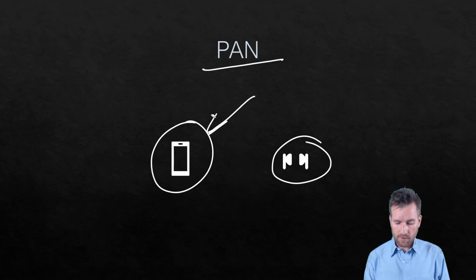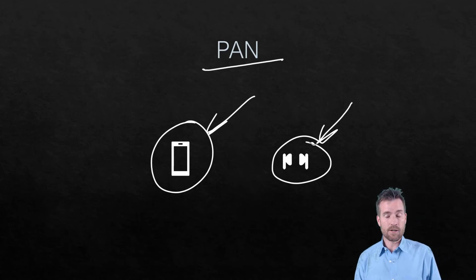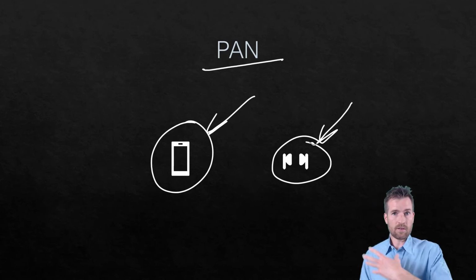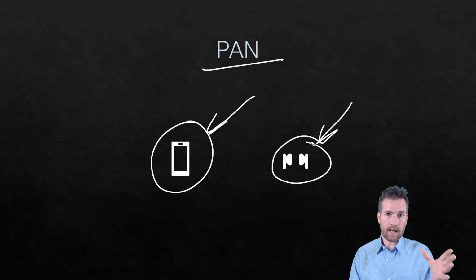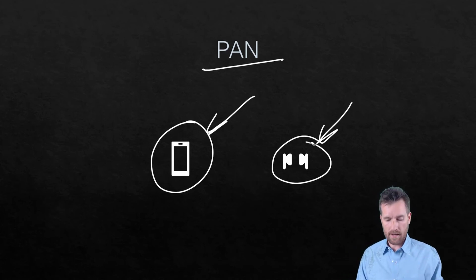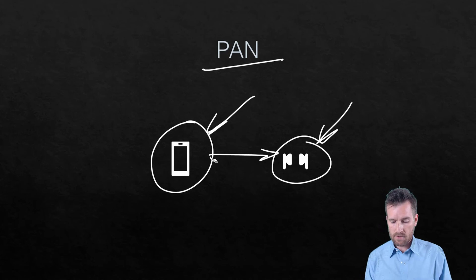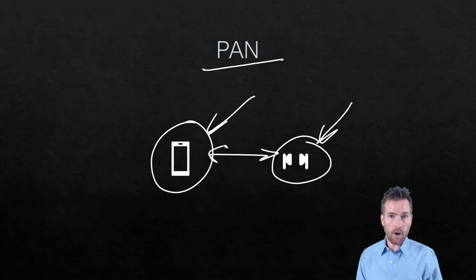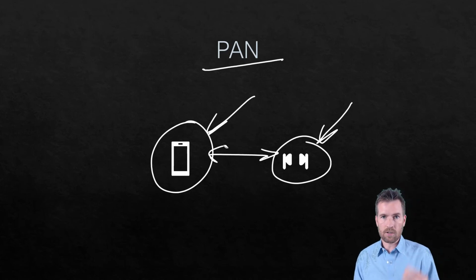In our example here, it's a phone connected to earbuds, and it's very localized, so it doesn't go beyond a certain radius. It's a very small radius, connecting these two devices together. So a phone to some sort of Bluetooth speaker, earbuds, those types of things are examples of a personal area network.